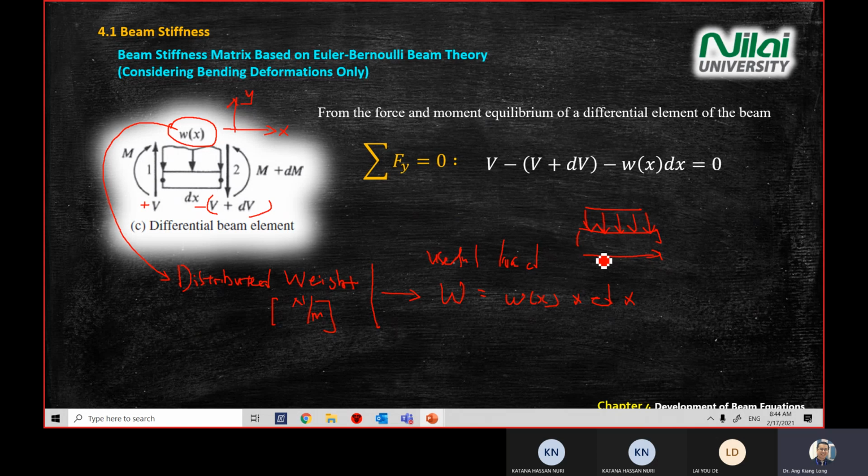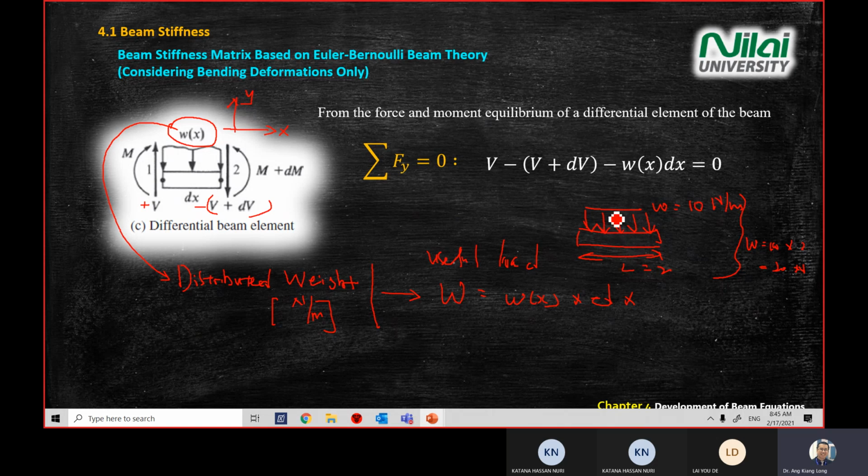so if you're given a w, let's say you are having a 10 Newton over meter. The length is maybe 2 meter. So the loading on this object will be W equal to 10 times 2. You will get 20 Newton acting on the object.